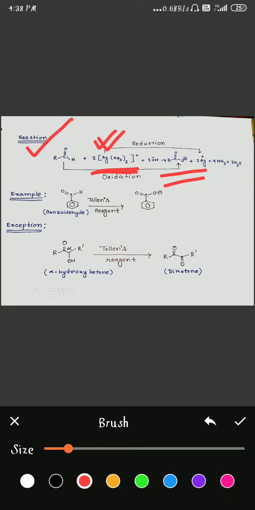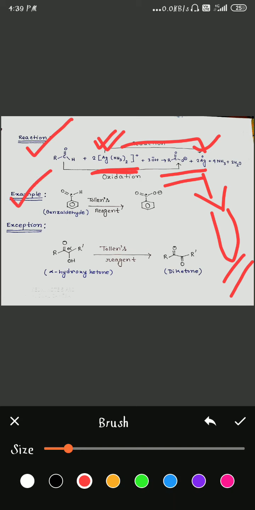In this Tollens reagent the oxidation state of Ag is +1, and it is reduced to Ag0, that is silver metal. So this silver metal is deposited around the test tube, and this is the silver mirror.